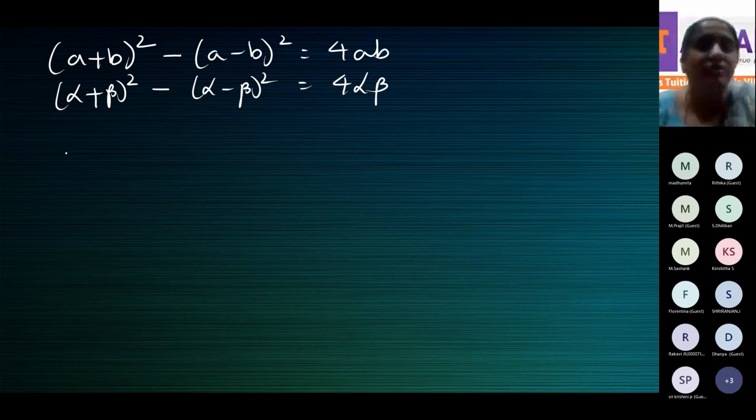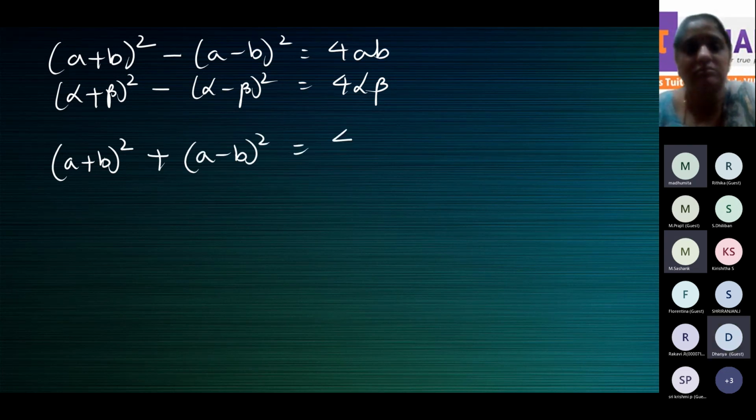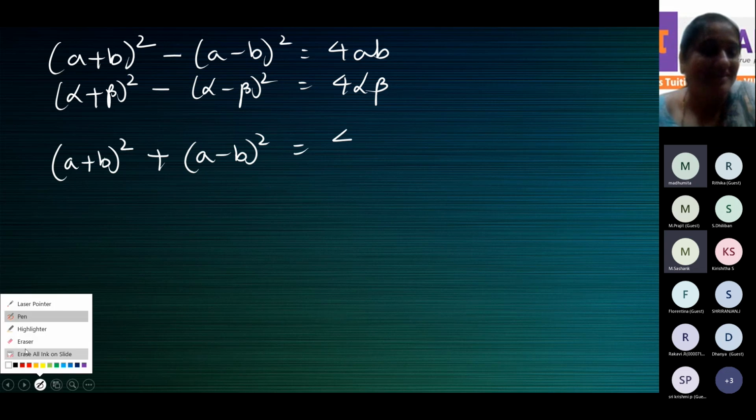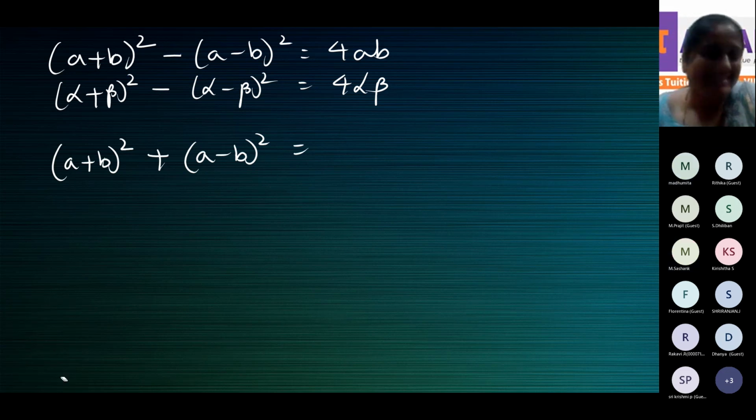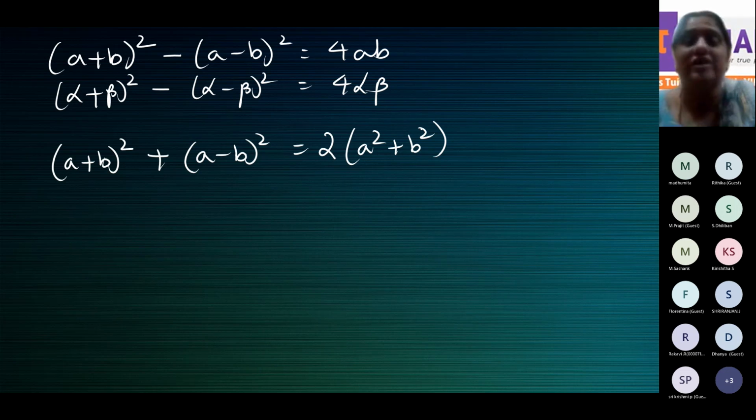What's the other one in terms of A and B? (A plus B) the whole square plus (A minus B) the whole square is equal to 2 of A square plus B square, which is 2A square plus 2B square.